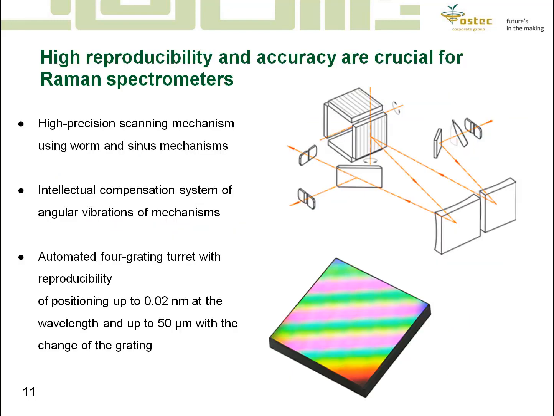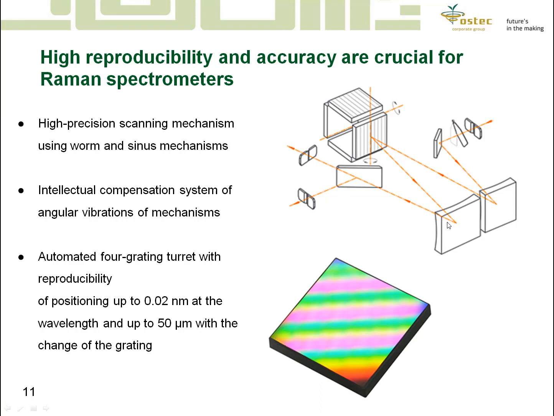So this is a scheme of the spectrometer configuration. You can see light goes from this pinhole, a shutter can block the light, then the mirror reflects light to the parabolic mirror, then it goes to the grating, and then reflects to another parabolic mirror.